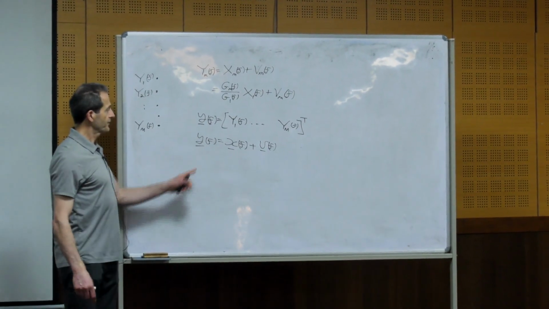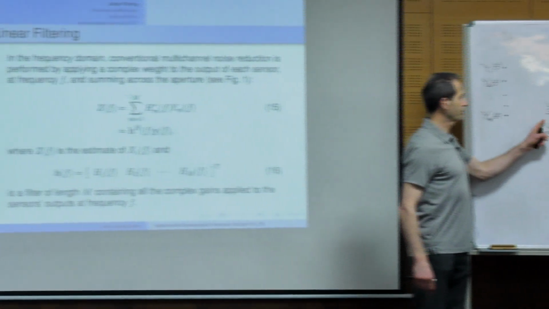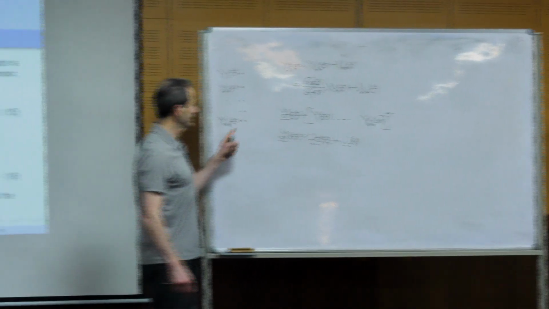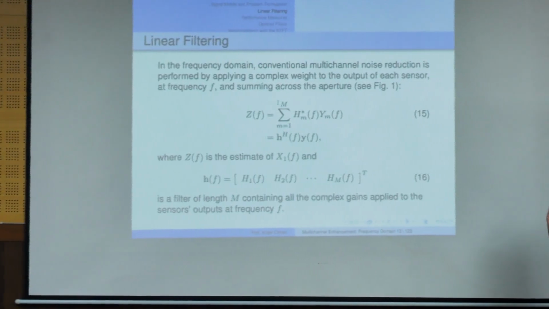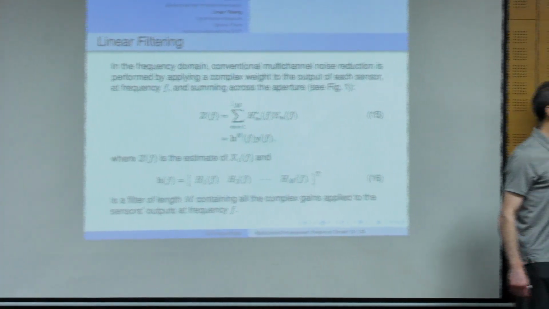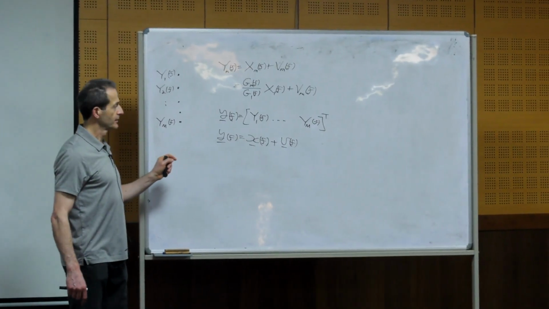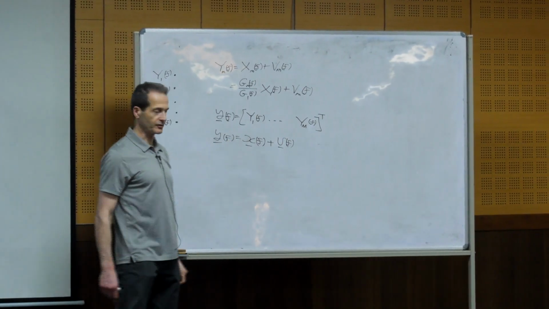So when we have this model, the vector of M measurements, M being the number of sensors, for each frequency f, it equals the desired signal in the vector of sensors plus noise in the vector of sensors.